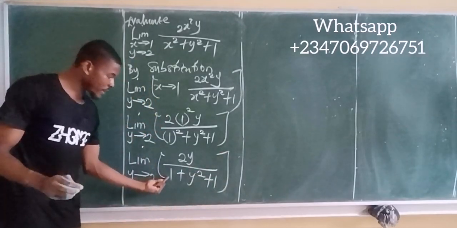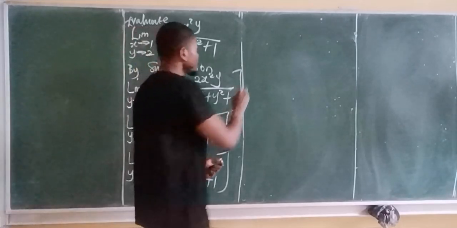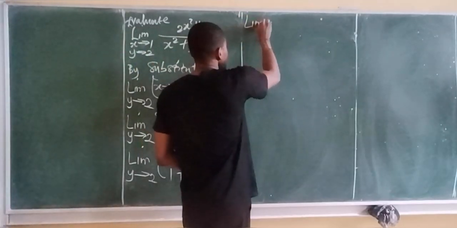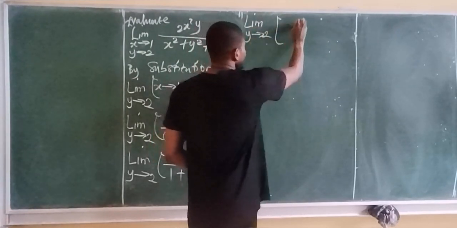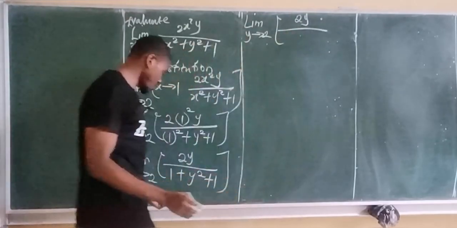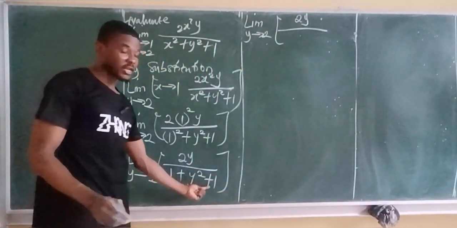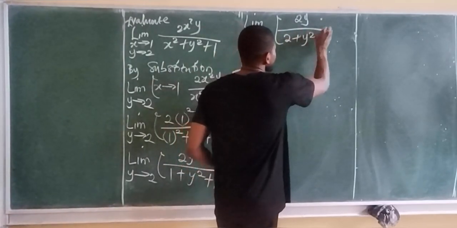Now I can evaluate 1 plus 1. That simply gives me 2. So this simply becomes limit as y tends to 2 of 2y all over 1 plus 1, and that simply gives us 2 plus y squared.